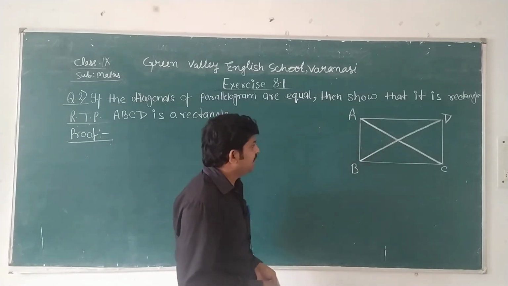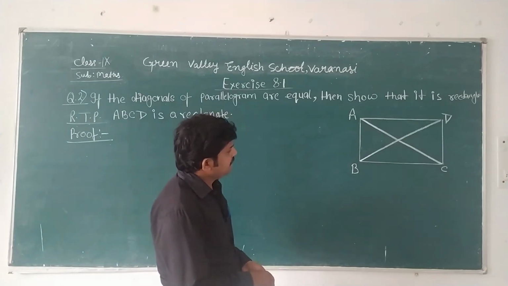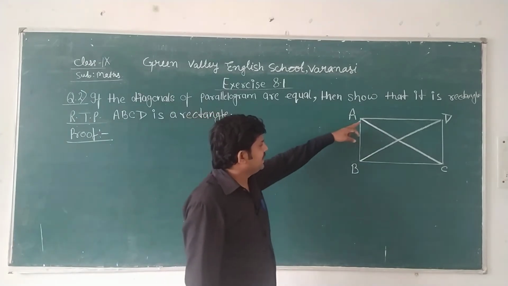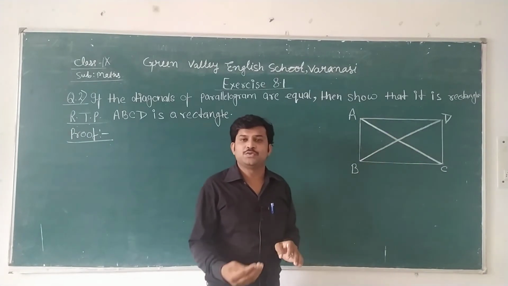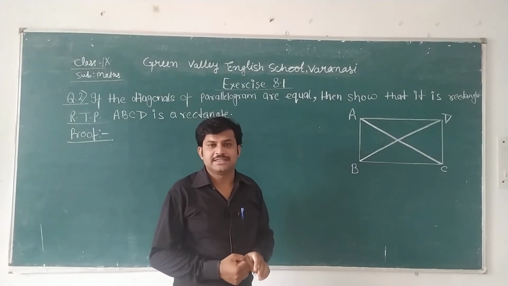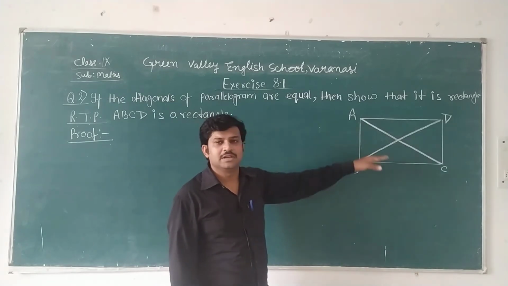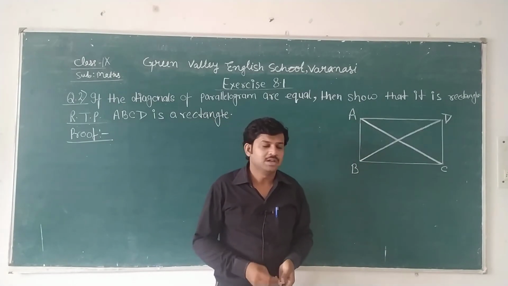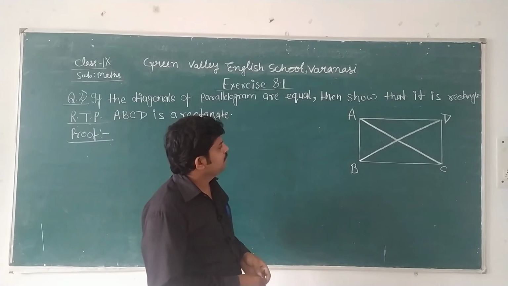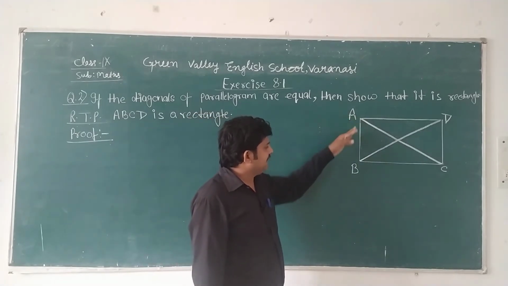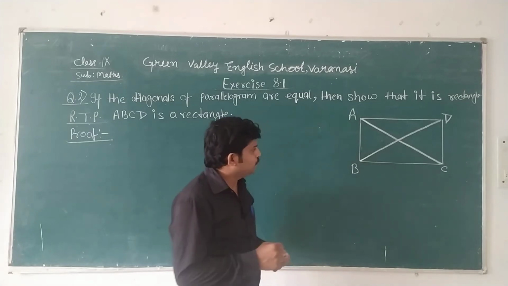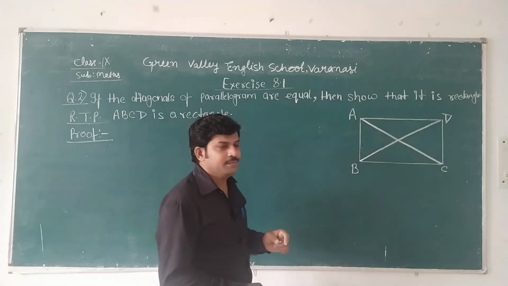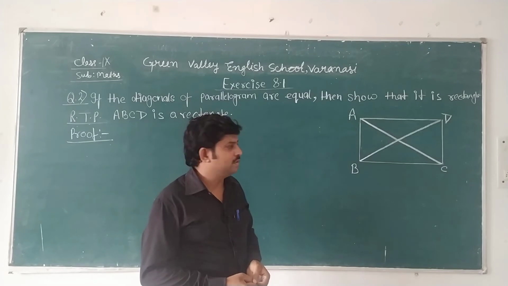If we prove angle A or angle B or angle C or angle D is equal to 90 degrees, then this parallelogram is a rectangle. And before proving that angle A, angle B, angle C or angle D is equal to 90 degrees, we take two triangles and prove both the triangles are congruent.